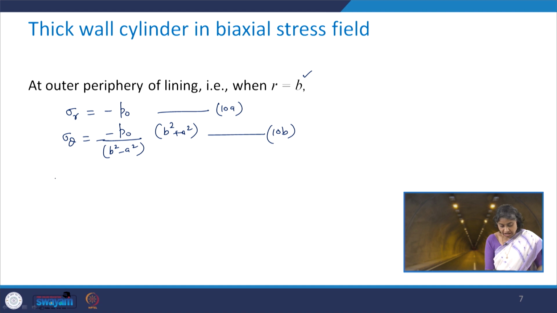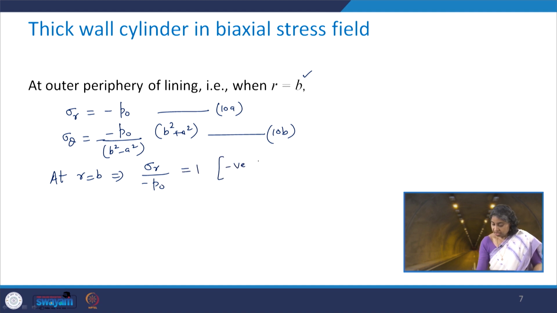So, at r is equal to b, we have sigma r upon minus p naught to be equal to 1. Now, here again negative sign is representing the compressive nature of the stress, and sigma theta will be given by this expression.